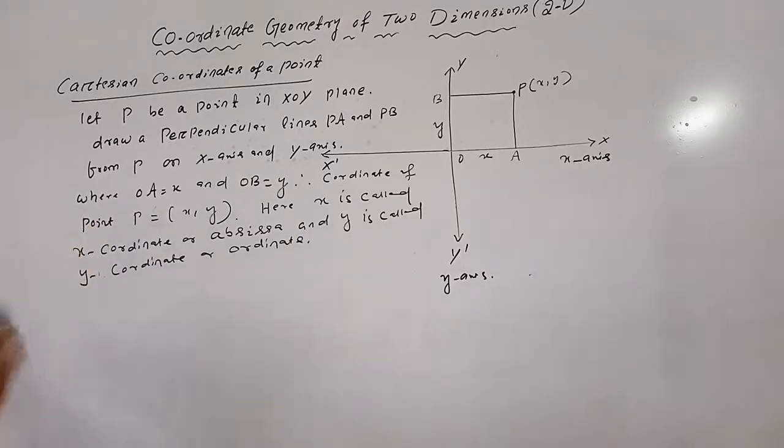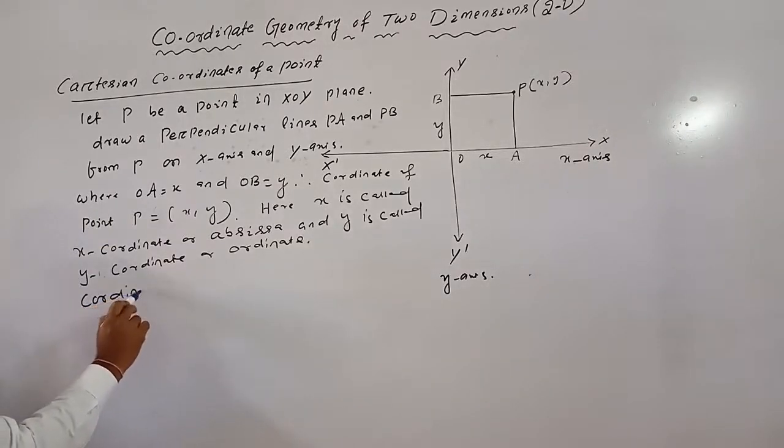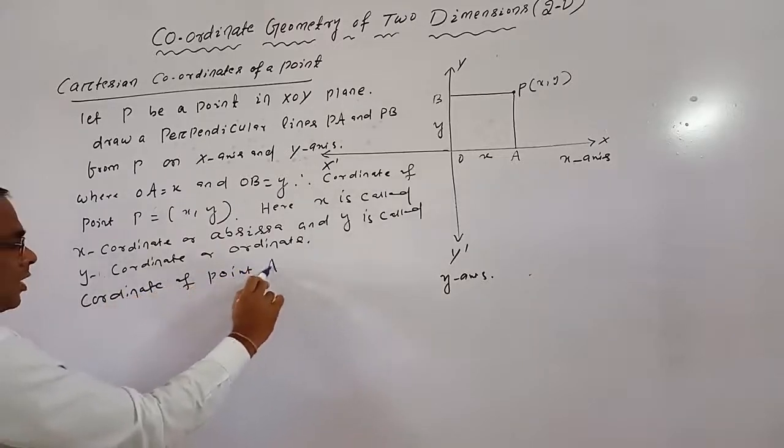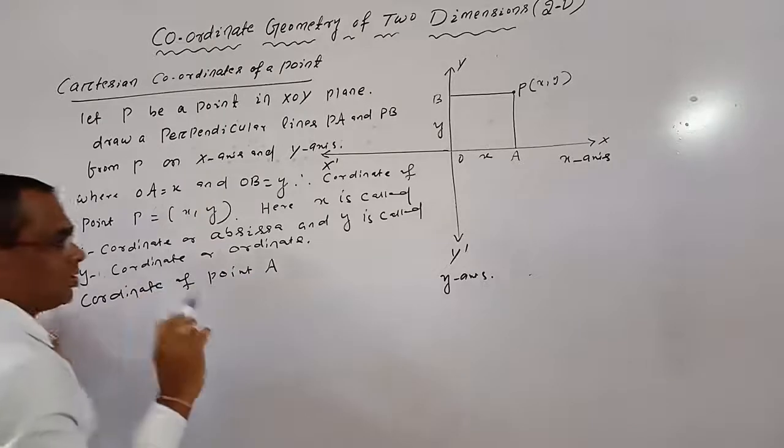So the coordinate of a point on the x-axis: the coordinate of a point A is x comma 0.